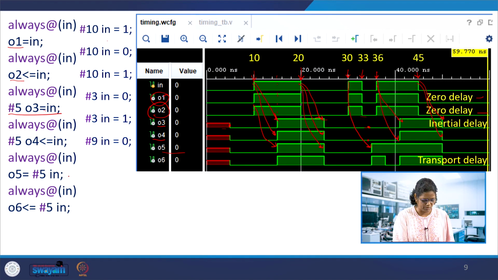If you recall in the previous lecture, that stored value is getting reflected over here, whereas these cases don't. Okay. These cases with the initial delay did not reflect this change at the outputs, whereas the intra assignment delay, yes, it gets reflected, but it looks at the next change, that 33.